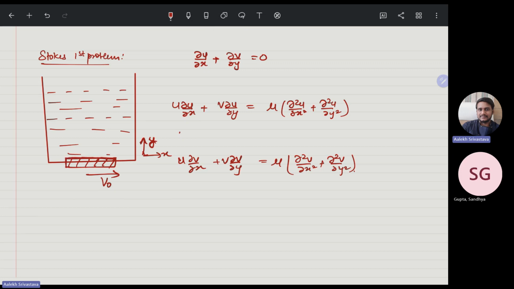First of all, this term will be zero because there is no velocity gradient in the x direction, and therefore this term is also equal to zero because del v by del y is equal to zero. That means v is not a function of y. Therefore, whatever v is at this point will be v at any point. Because this is a plate, there is no velocity component in the normal direction. Therefore, v is equal to zero at every other point.